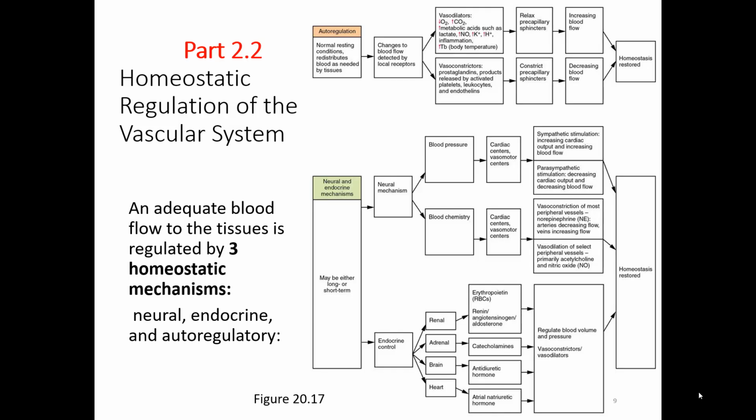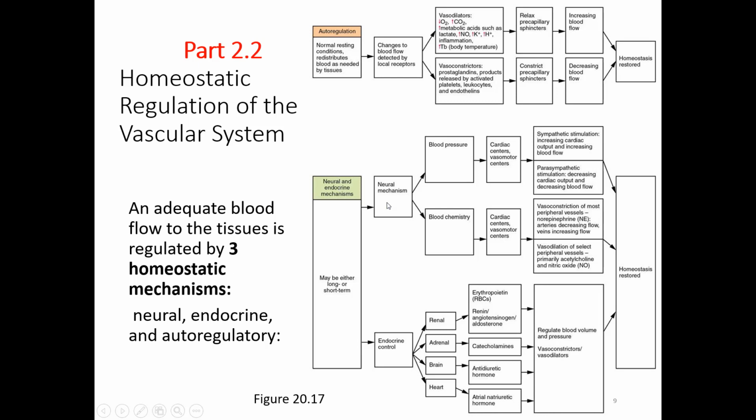Now let's talk about how all of those blood vessels and their actions are regulated. That is homeostatic regulation of the vascular system. An adequate blood flow to the tissues is regulated by 3 homeostatic mechanisms.